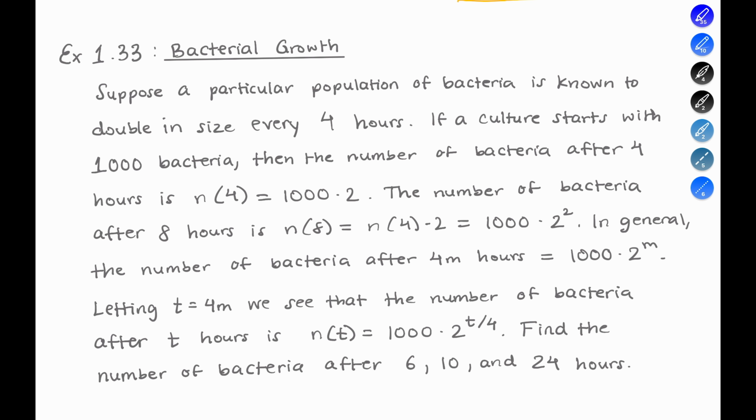In general, the number of bacteria after 4m hours is equal to 1,000 times 2 to the power of m. Letting t equal 4m, we see that the number of bacteria after t hours, n of t, is equal to 1,000 times 2 to the power of t over 4. Find the number of bacteria after 6, 10, and 24 hours.